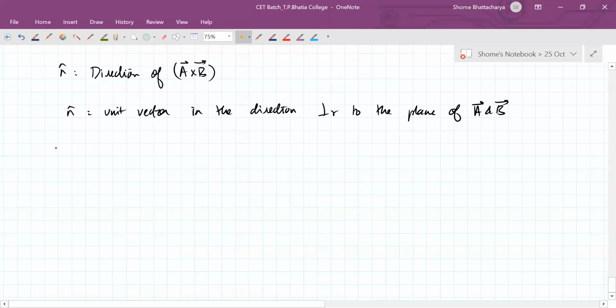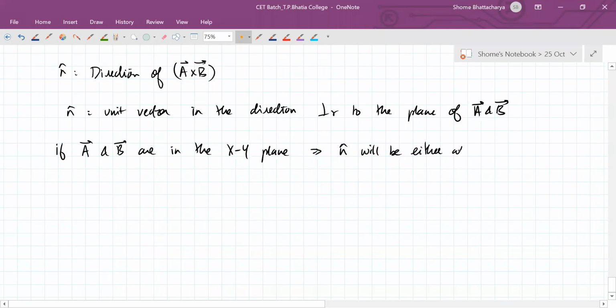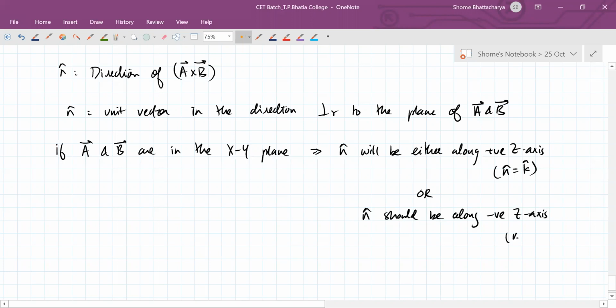Okay. So for example, if a and b are in the xy plane, okay, so that means n cap will be either along positive z axis, that is n cap will be k cap, or n cap should be along negative z axis, that is n cap should be minus k cap, because these are the two possible directions which are perpendicular to the plane of a and b, which is nothing but the xy plane in this case.